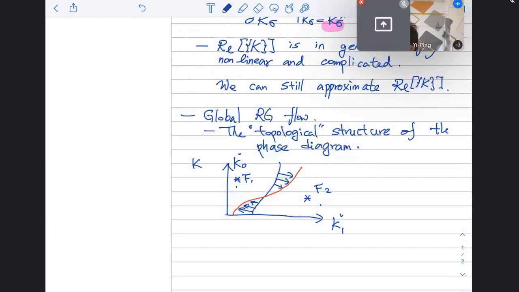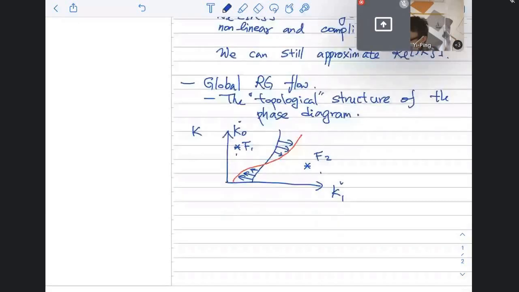So the topological structure of the phase diagram can be inferred from the RG flow. The details of the phase boundary may not be generic, but the structure might be the same for the same universality classes.